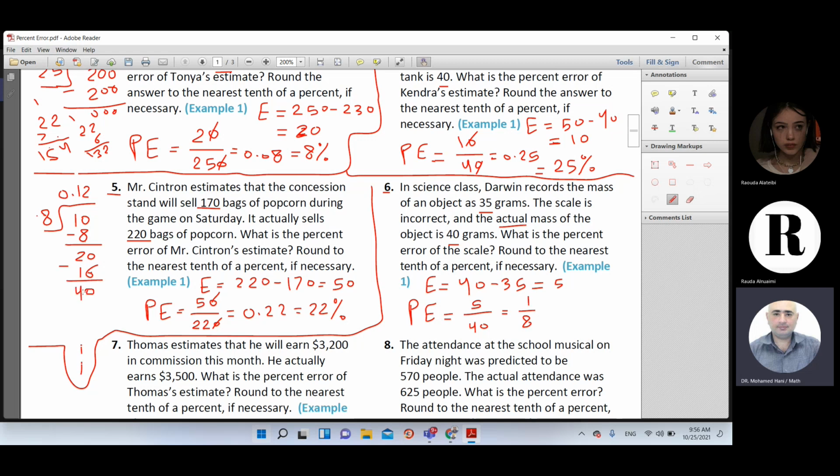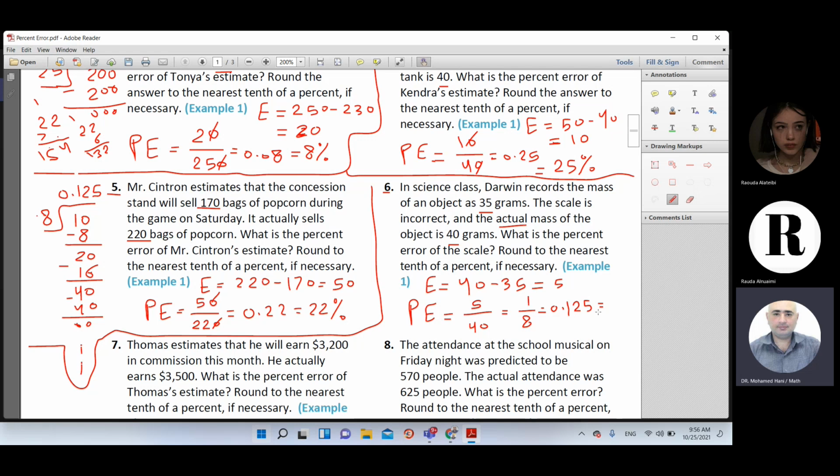Put here 0, 40. Divided by 8 will be 5. 5 times 8 will be 40. So the answer will be 0.125.